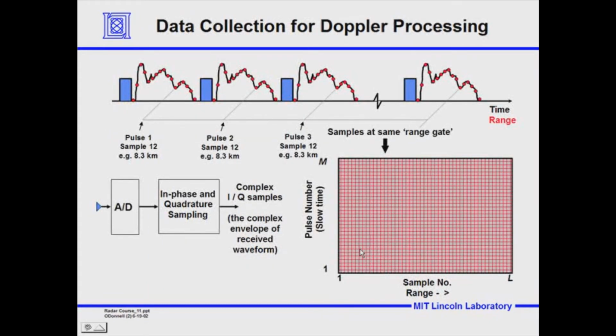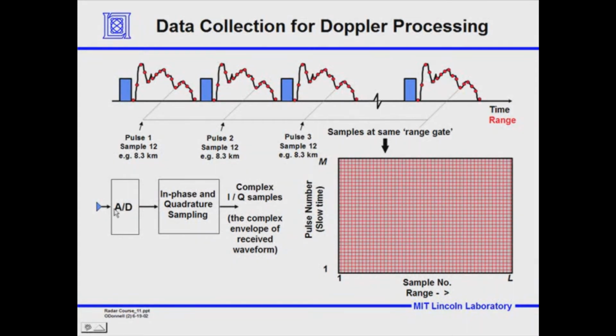Okay, now that we've got these definitions under our belt, we'll reinforce them with this example, which sets the stage so you can understand what pulses and how we're processing the data, both with Doppler processing and with MTI processing. We have the echoes coming in in an analog fashion.